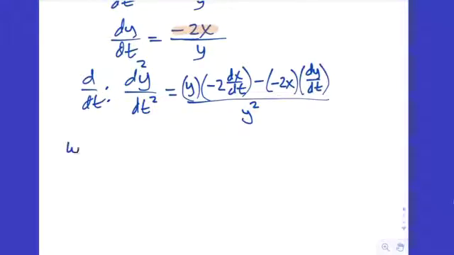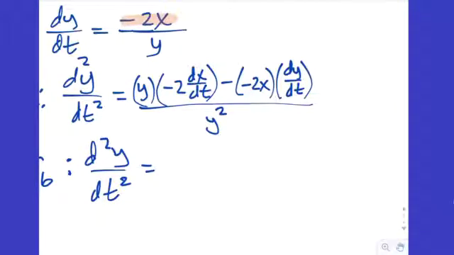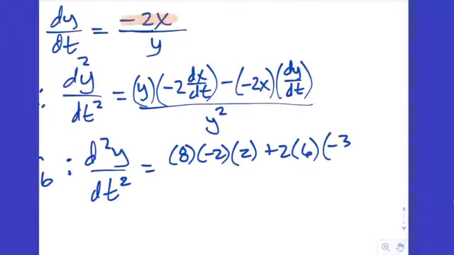So the same thing when x equals 6. We get the second derivative is equal to, all right, carefully plugging in here, we have an 8 times a negative 2 times the dx/dt, which was 2. This becomes plus 2 times x, which is 6. dy/dt was negative 3/2, all over y squared, which is 8 squared.